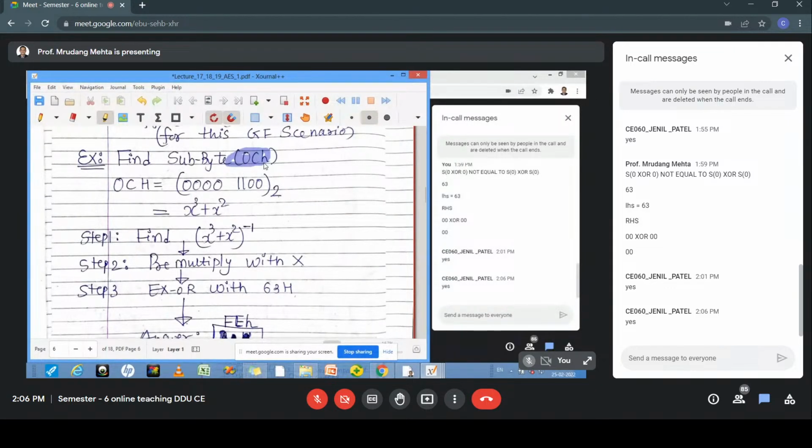The first thing we have to do is convert this hex into binary. So 0 in hex is 0000 in binary.